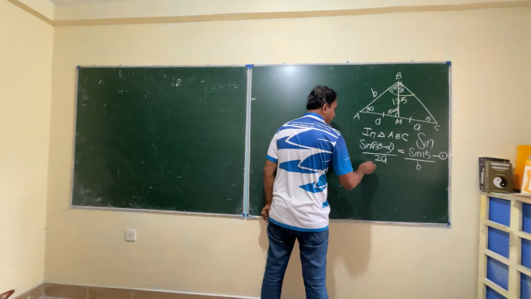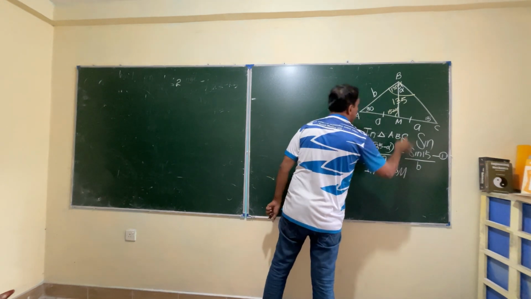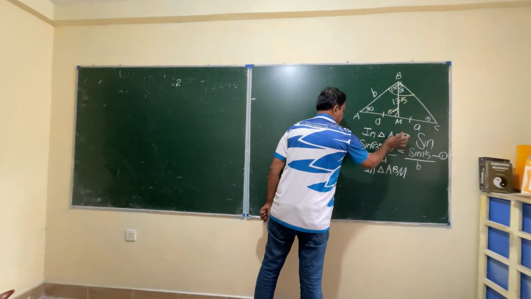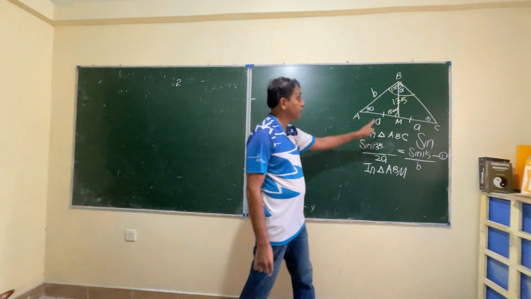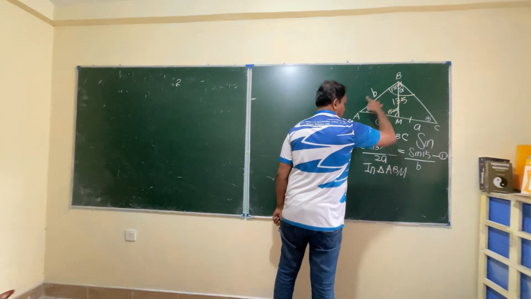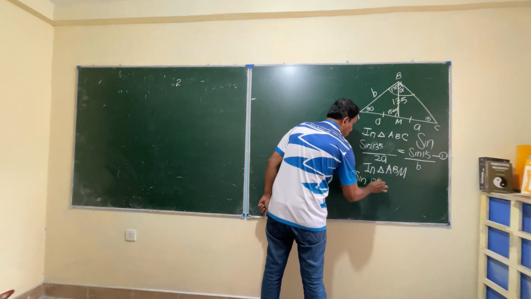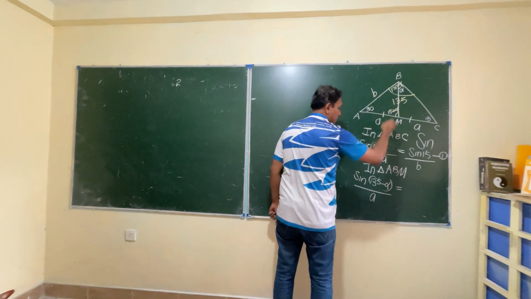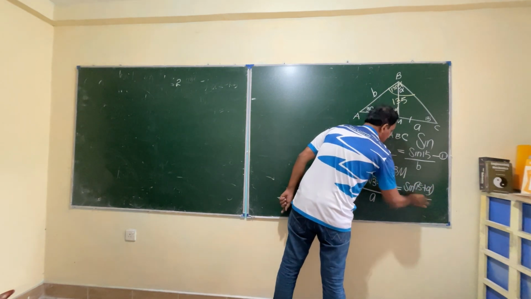Take the triangle ABM. In triangle ABM, sine 135 comes in. So in this triangle ABM, sine of 135 minus alpha over a equals sine of 15 plus alpha over b.